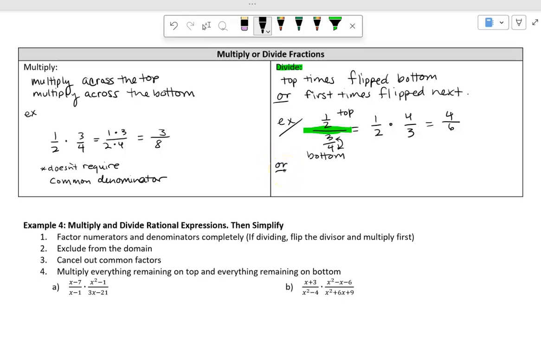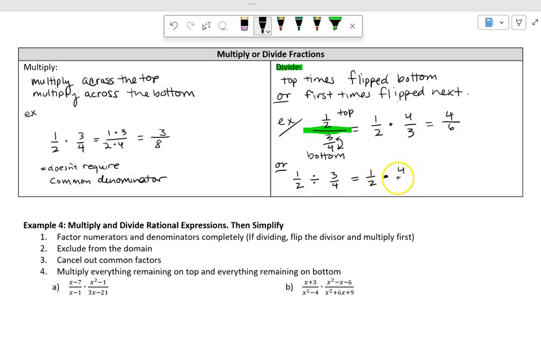Another way to deal with division, sometimes you don't have a top and a bottom like this. Sometimes you have a symbol for division. 1/2 divided by 3/4. In this case, what you would do is the same type of thing. First times flipped next. First times, you can put a times symbol, dot, it doesn't matter.